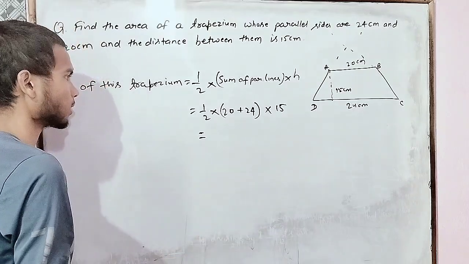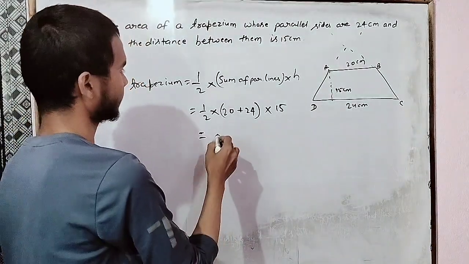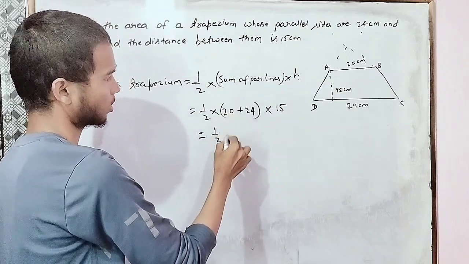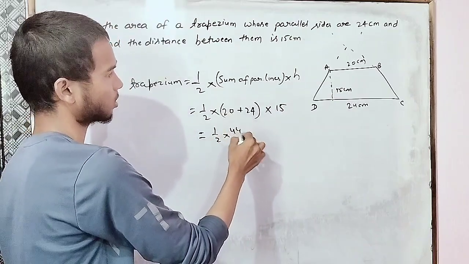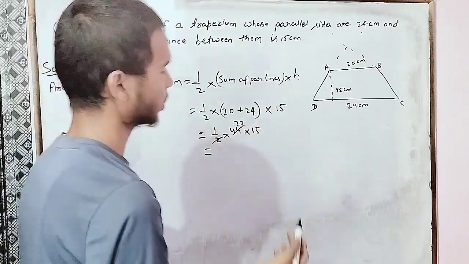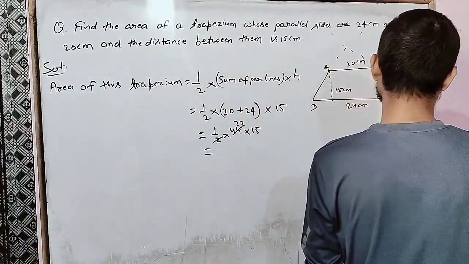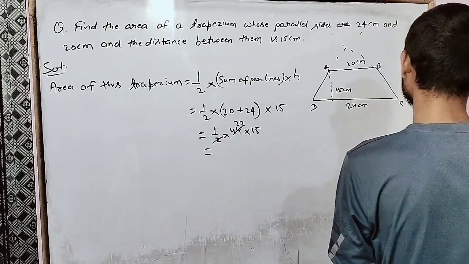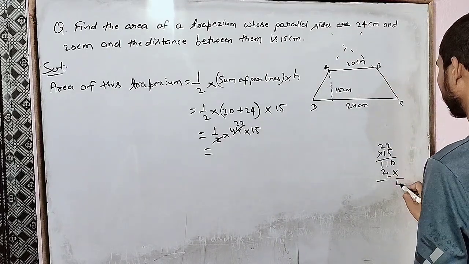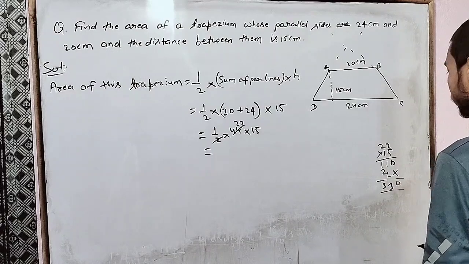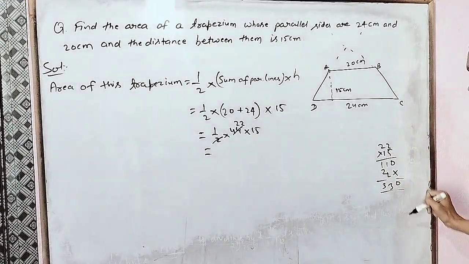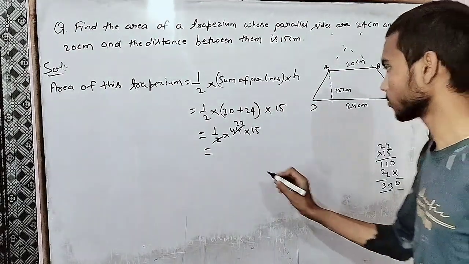Now we need to simplify it. 1 by 2, 24 plus 20 is 44, half of that is 22, 22 multiplied by 15 is 330.